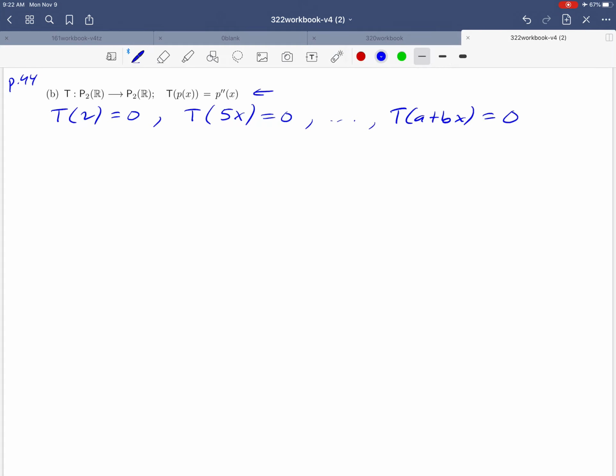What that means then is that the null space of this transformation is everything that has the form a plus bx. I'm going to remind you where that came from. These are just polynomials whose second derivative is 0.